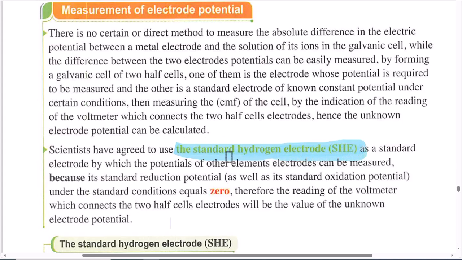Its oxidation potential as well as its reduction potential equals 0 in standard conditions. We use this standard hydrogen electrode to measure the standard electrode potentials of other elements.